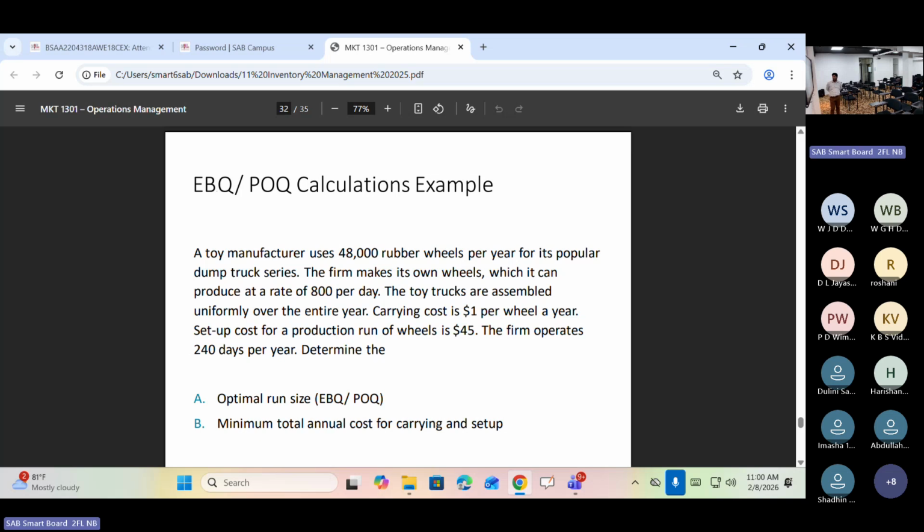Not only that, you can substitute the other values: carrying cost $1, setup cost $45.